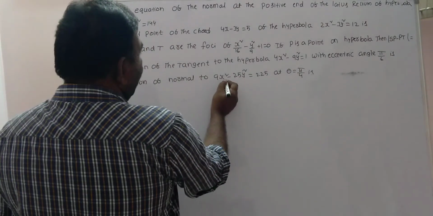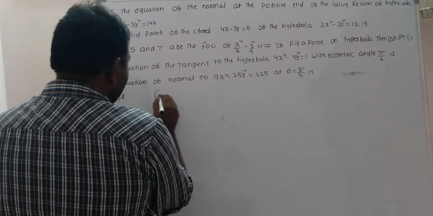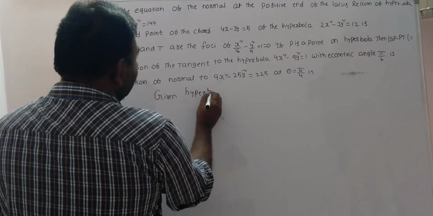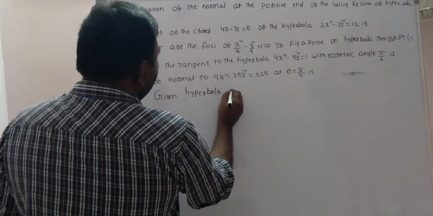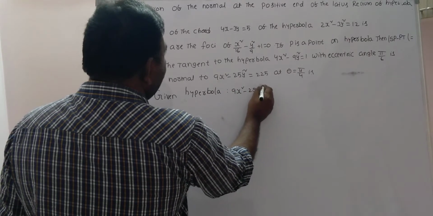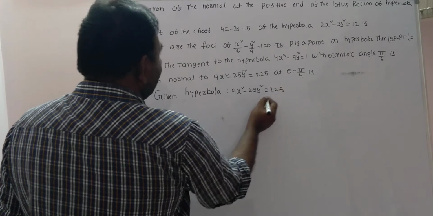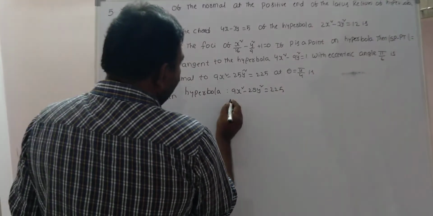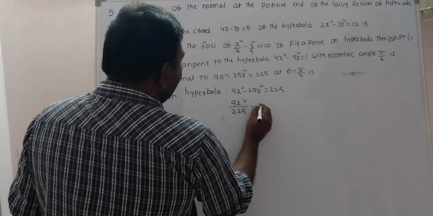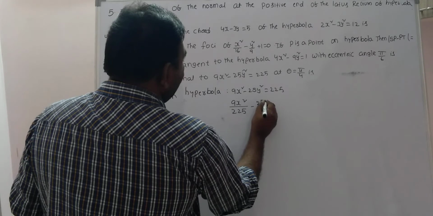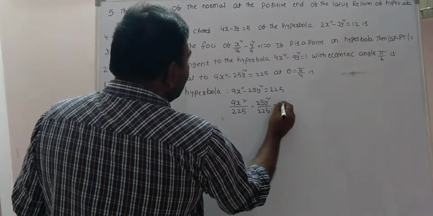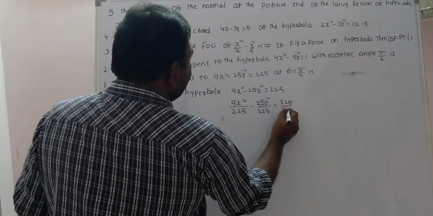First of all, we take the given hyperbola 9x square minus 25y square is equal to 225. Divide on both sides by 225. 9x square by 225 minus 25y square by 225 is equal to 225 by 225.